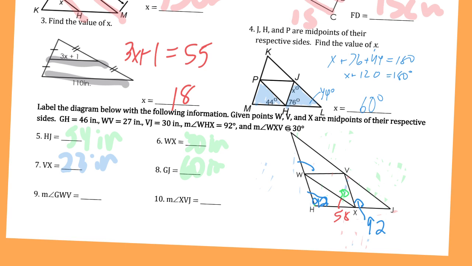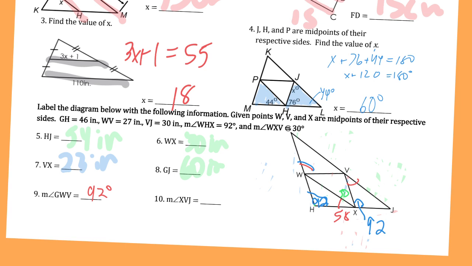Okay, so the question is, they want us to find GWV. Okay, so GWV, oh, that's going to be just right here. So that's going to be 92 degrees because of corresponding. Okay. The second thing is they're going to ask us probably a harder question, XVJ. So XVJ is going to be up here. Okay. So let's see if we can come up with that.